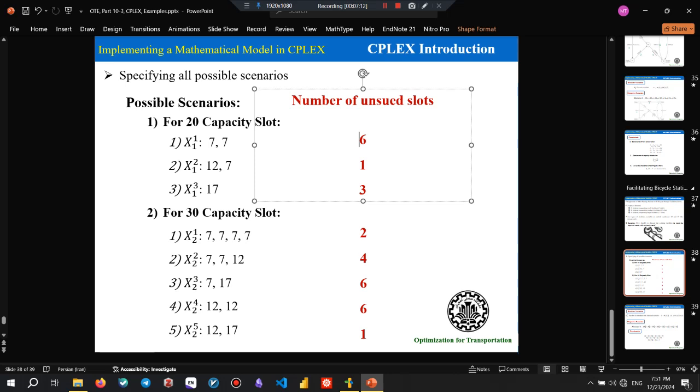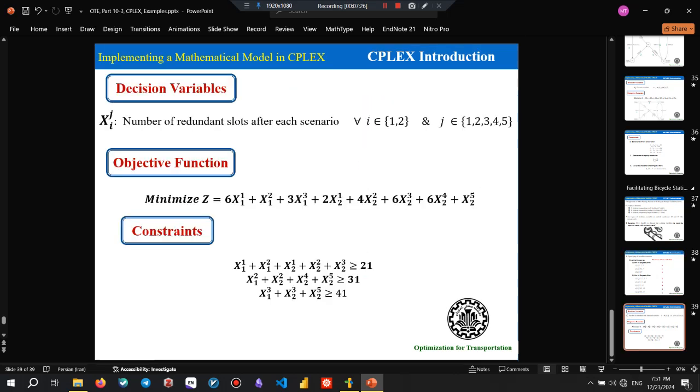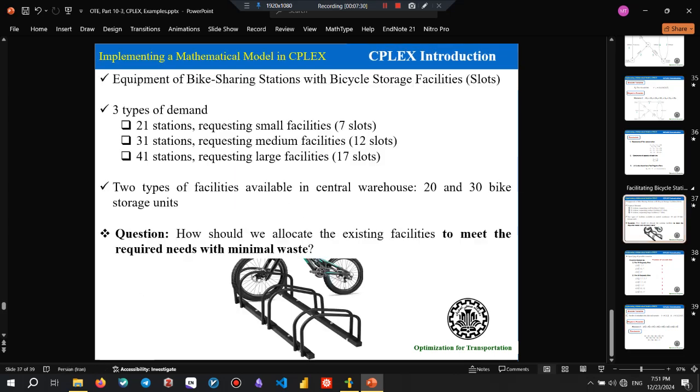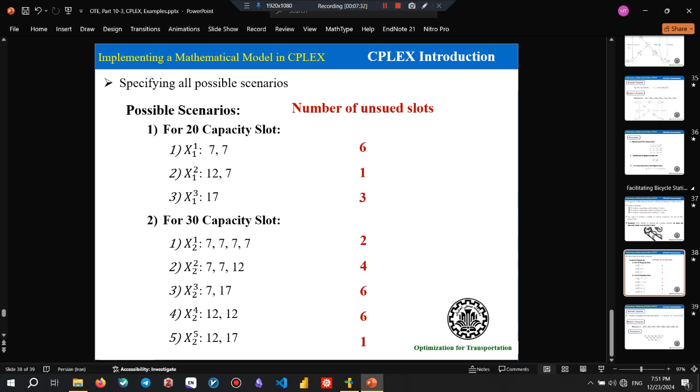So for the first scenario, there are 6 redundant slots, which is a pretty high number compared to this one that has only one redundant slot. So in here, we have put these coefficients from this part. I'm sorry, from this part.